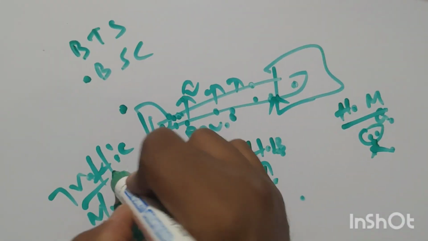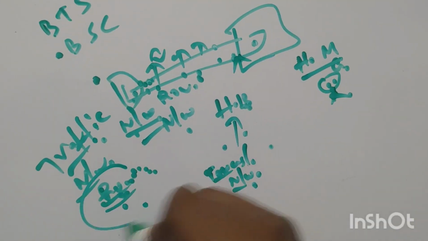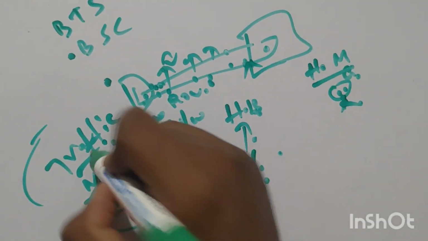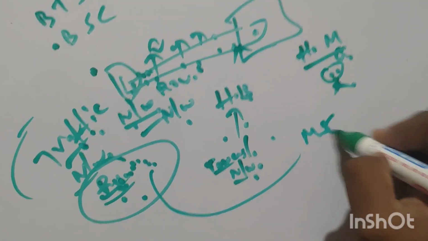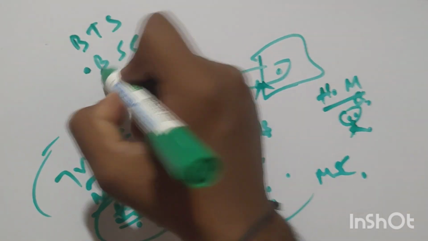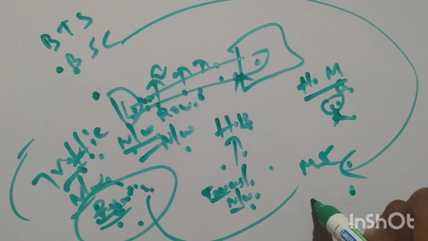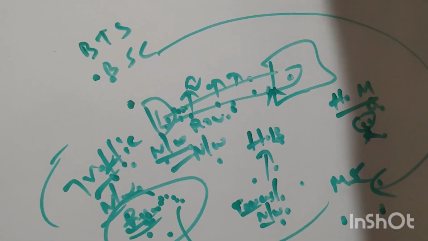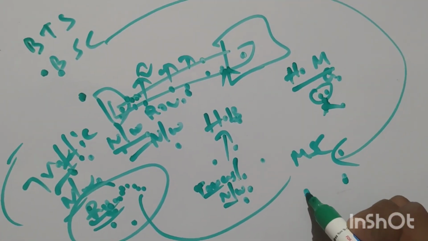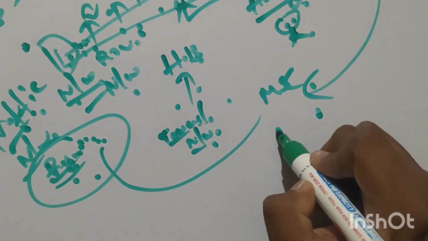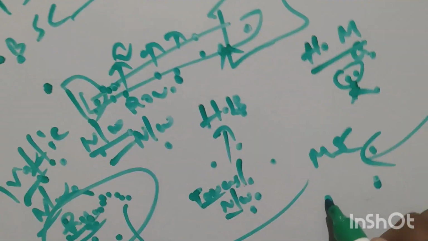This is because of traffic and routing. The duty of traffic and routing is provided by the MSC. After completion of the BSC, the responsibility passes to the MSC to provide the best routing and traffic, so that there is no trouble with your voice and the information is passed well to the other person.